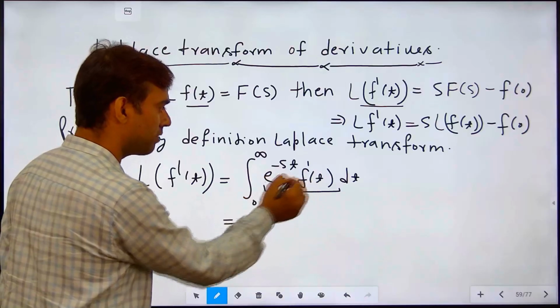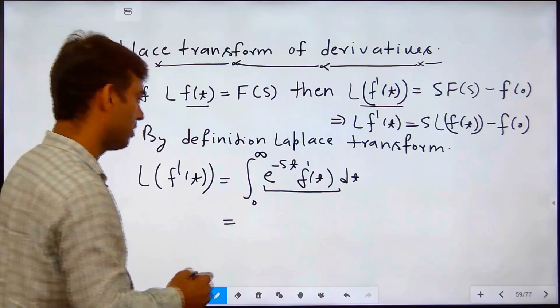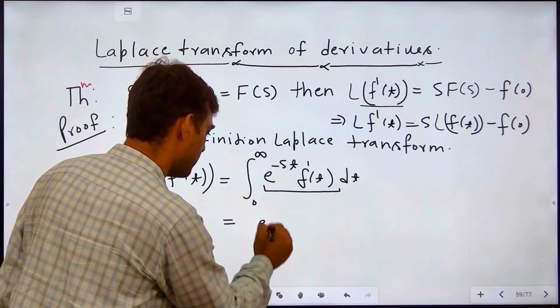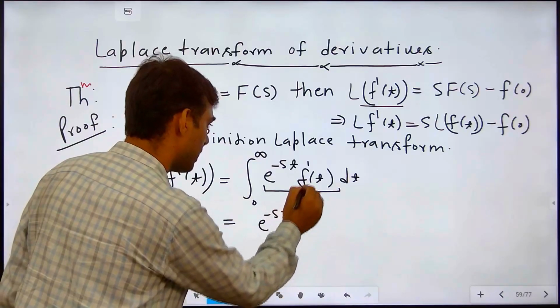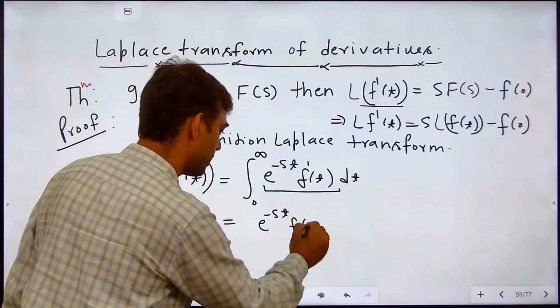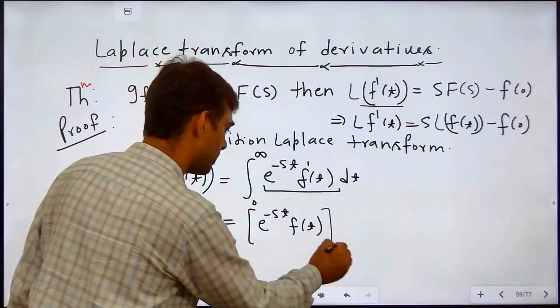What is the integration of f'(t)? Integration of f'(t) is f(t). So obviously here we write e to the power minus st times the integration of f'(t), which is f(t). And what is the limit? The limit is 0 to infinity.